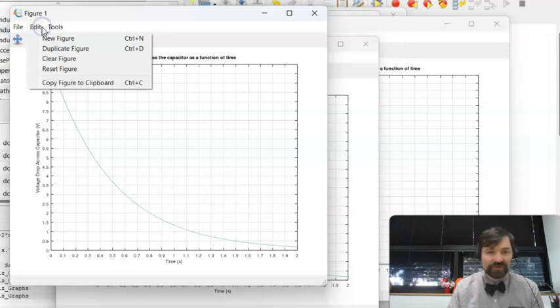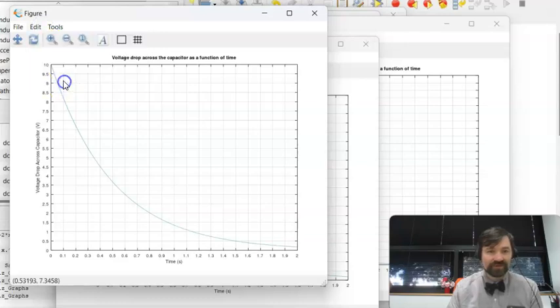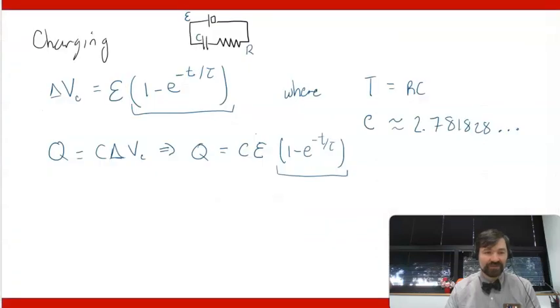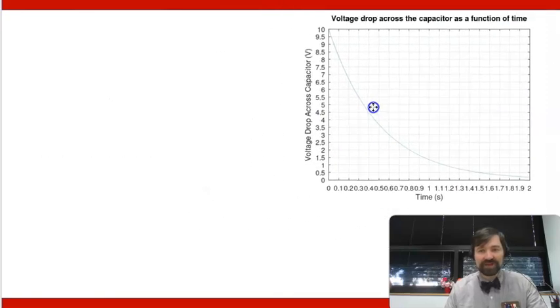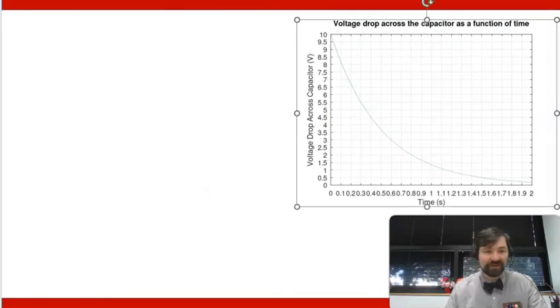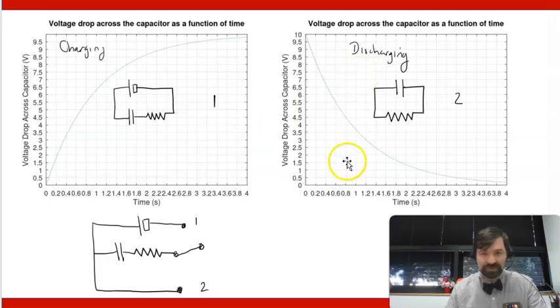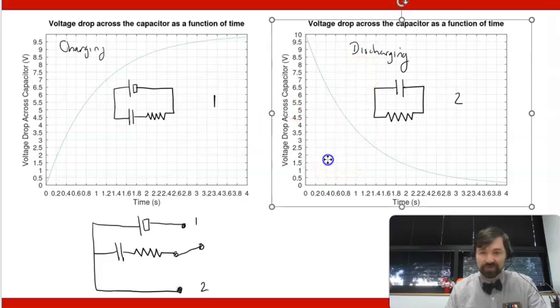For example, this right here is my voltage drop across the capacitor versus time. And if I put it side by side with the old voltage drop across the capacitor versus time, here's my old voltage drop.